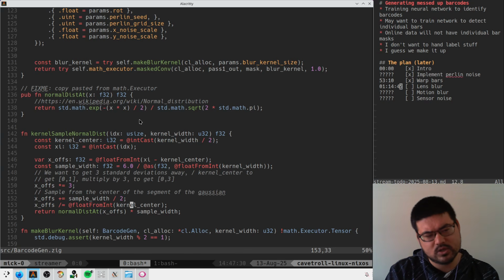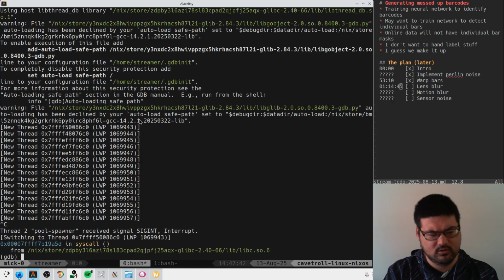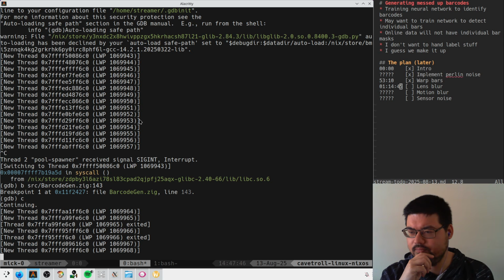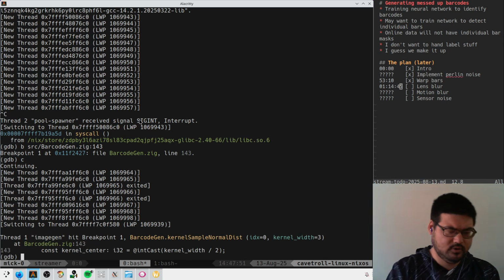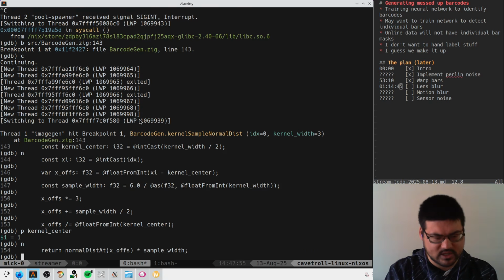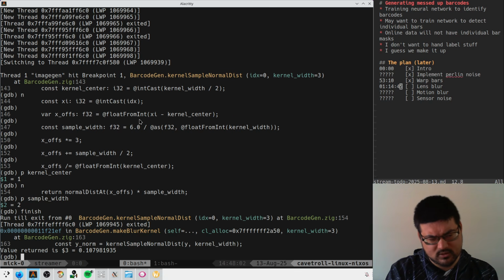Oh, because we're trying to get in the range zero to 3. And our kernel center is 1. Wait, so that should be fine. So kernel center is 1, so this does nothing. Okay, so that seems reasonable to me.